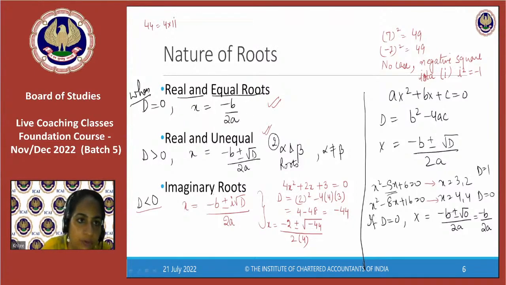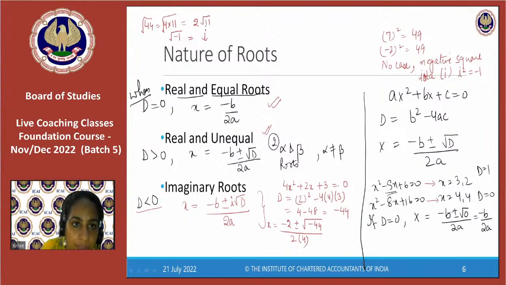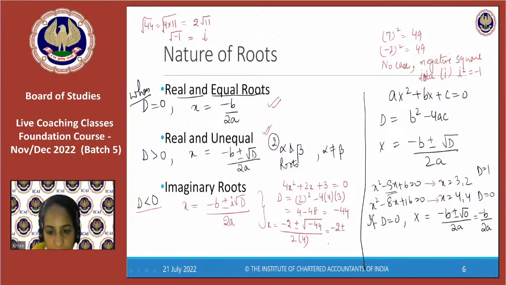So the square root of 44 would be 2 root 11, that is one part. Then instead of the minus under the root, minus 1 is replaced by iota, the imaginary number. So this becomes minus 2 plus or minus, the root replaced with iota.